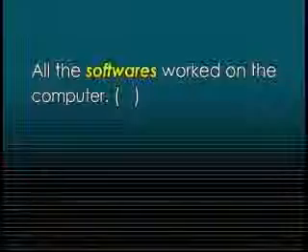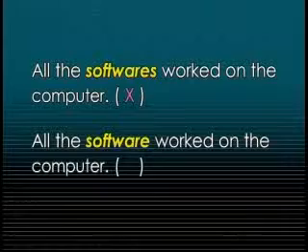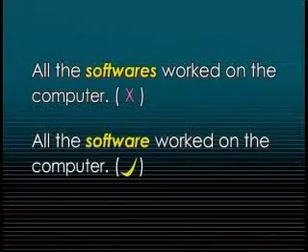Another frequent mistake is to use software as if it was plural. Software is used as a singular, uncountable noun in English. So it is not correct to say, all the softwares worked on the computer. We should say, all the software worked on the computer. We use equipment and software even if we are talking about more than one item.